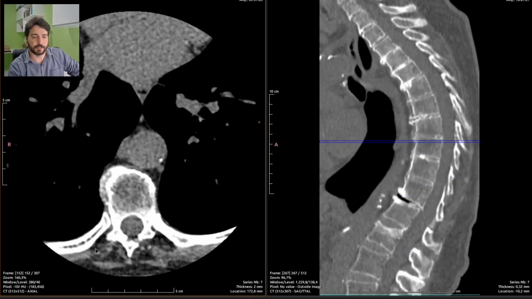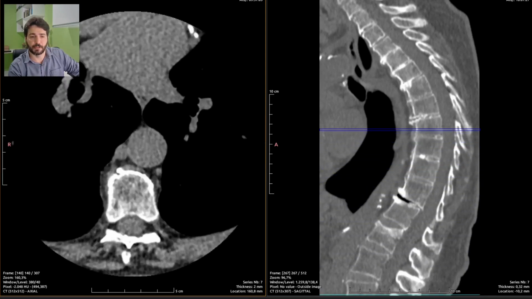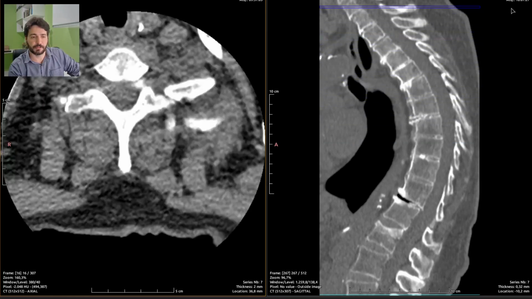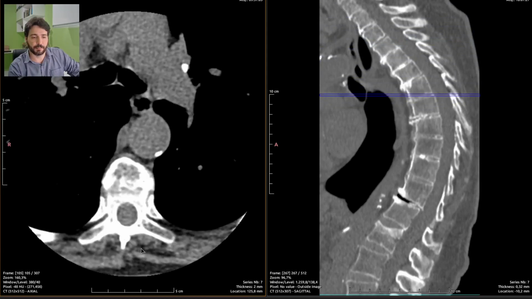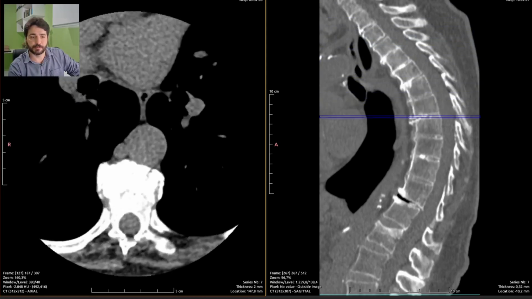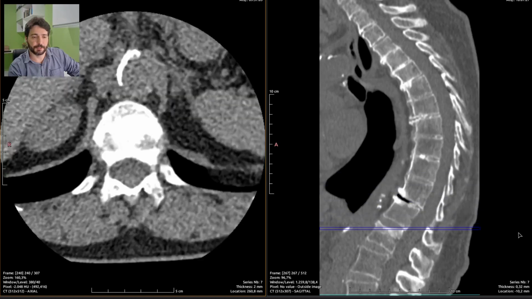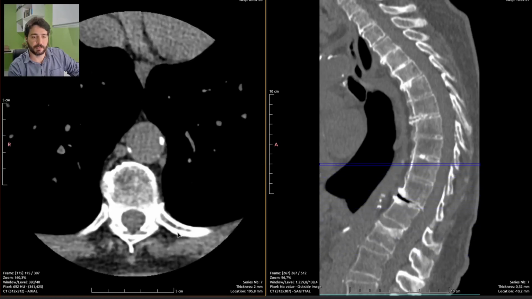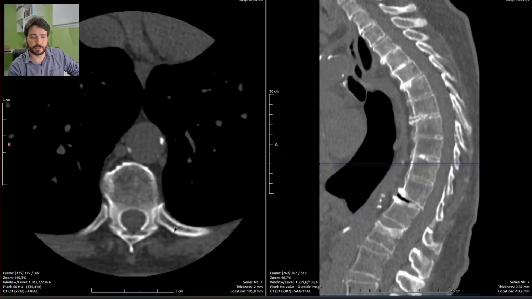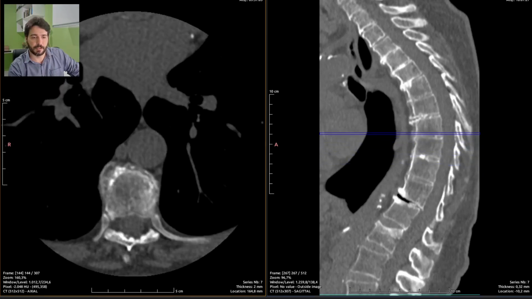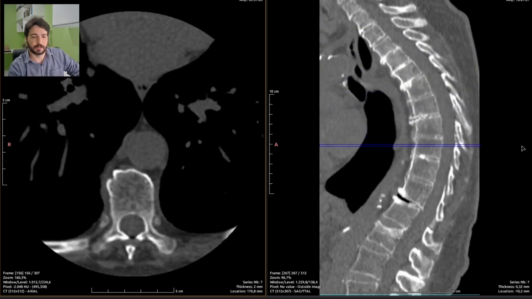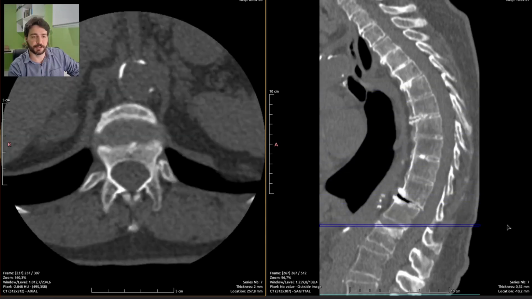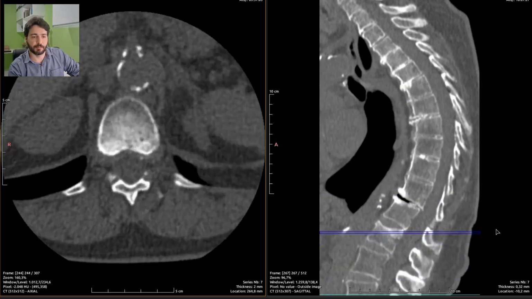There is, of course, chronic denervation of perivertebral muscles, which is shown here by atrophy, hypertrophy of such muscles, and there is at least moderate arthrosis of both the facet joints and the costovertebral joints, the joints between the rib cage and the vertebral body.